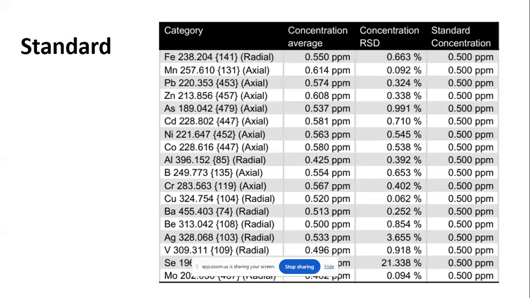Actually, here I would just like to say that we get the standard SRM, in that case certified reference material, or the standards of mixed standard, in that case of 9 metal and 23 metal. So in the same bottle, we will get 9 metals in equal concentration.